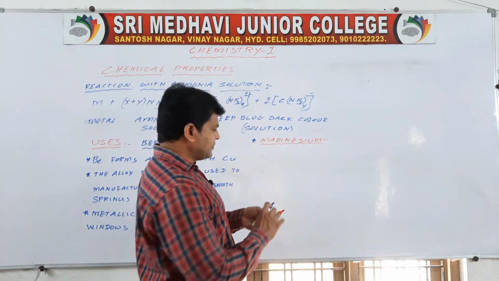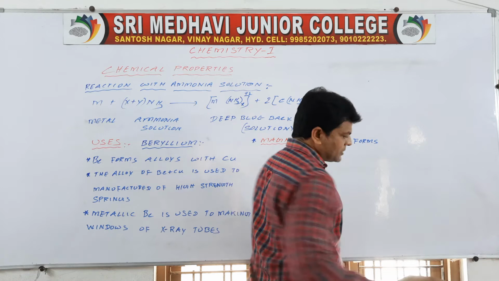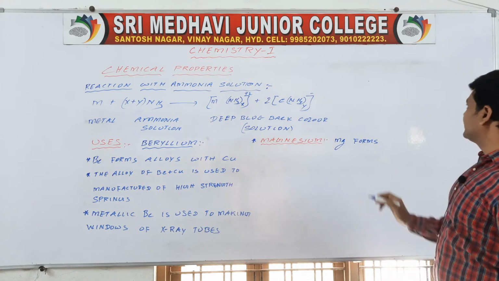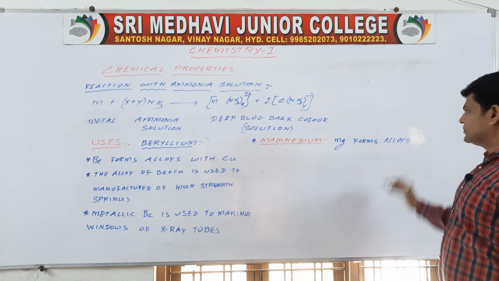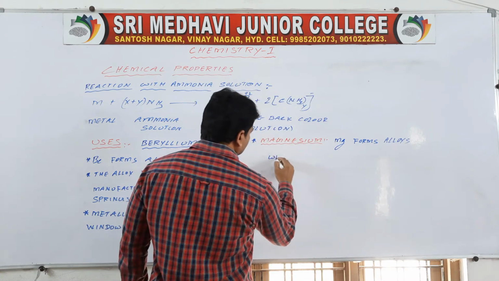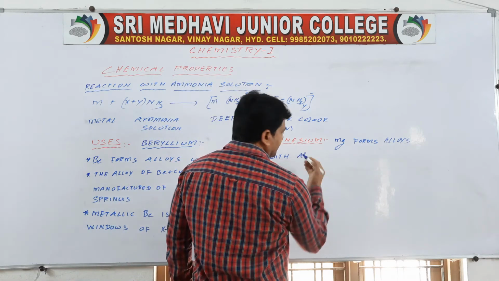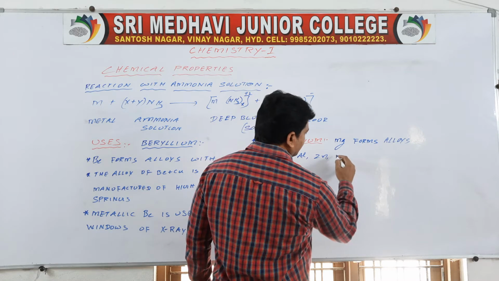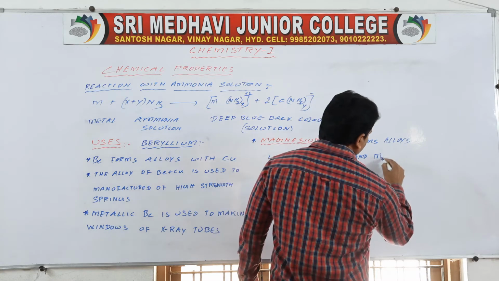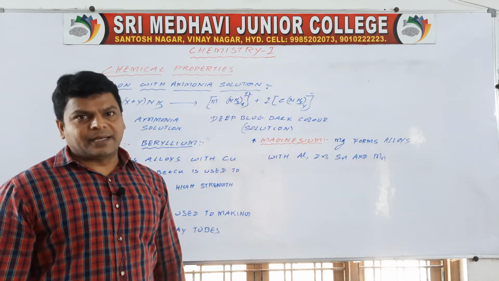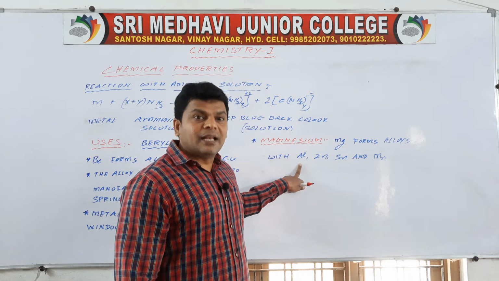Okay, see here, magnesium forms alloys with aluminum, zinc, tin and manganese.